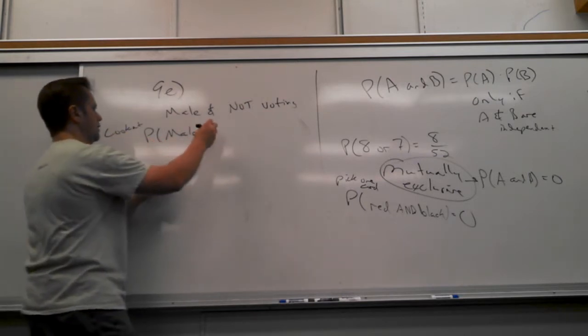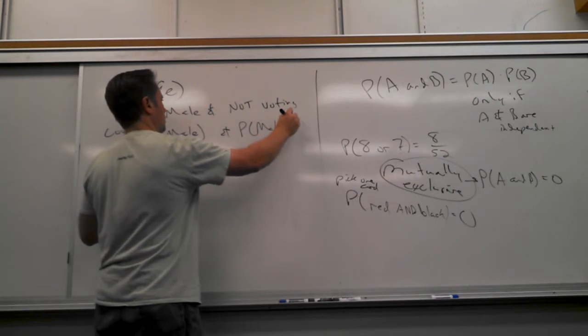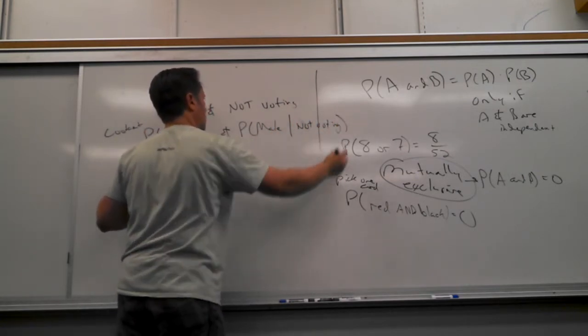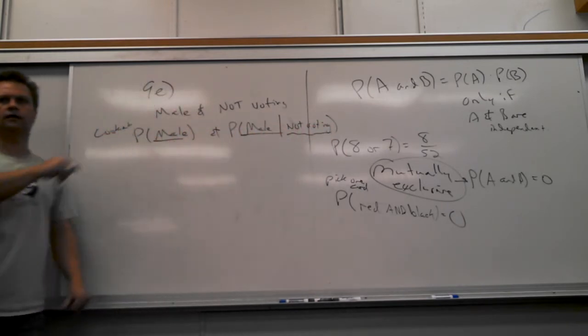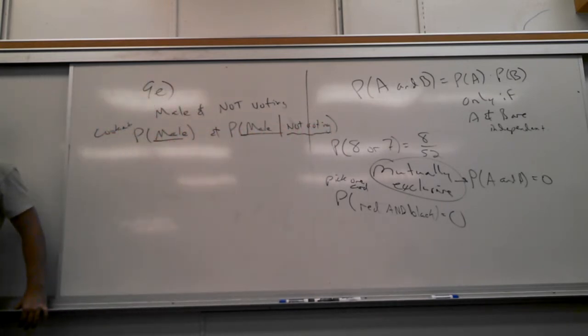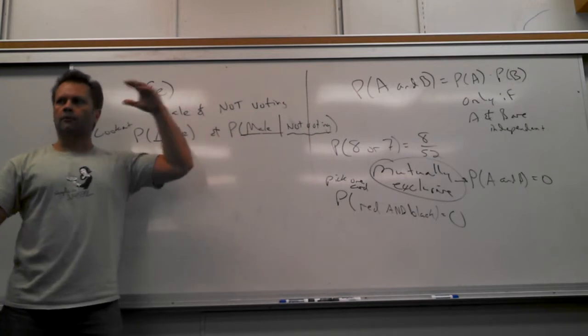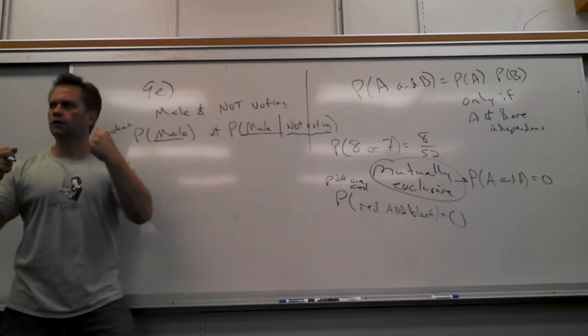So if I check male given not voting, and this changes the probability of that, then they are obviously dependent. If knowing that they don't vote affects the probability that they're a man, that means they depend on each other. They affect each other. Does that make any kind of sense?